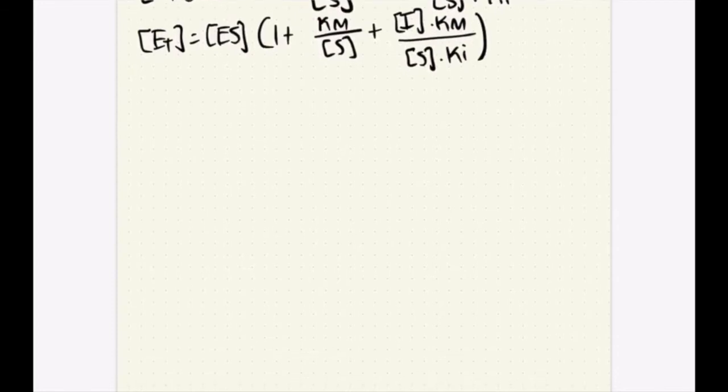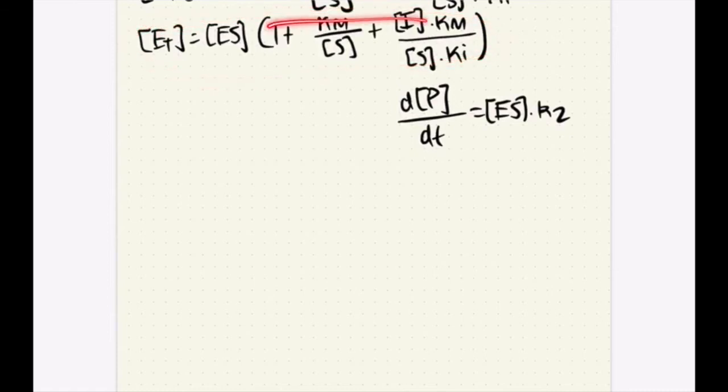And finally, what we're going to be doing is making this in terms of an enzyme substrate complex concentration, because again, we want to plug this back into this equation right here. So how we can do this is we divide both sides of this equation by this right here.